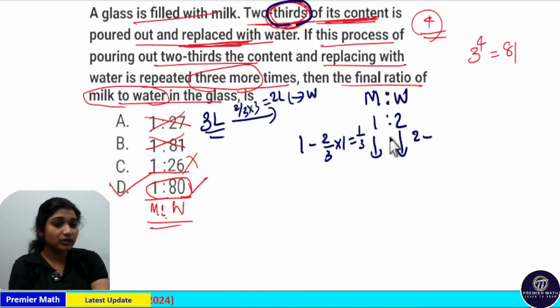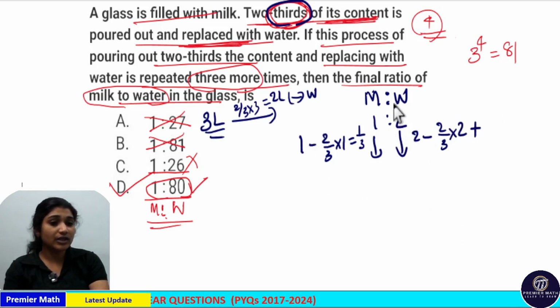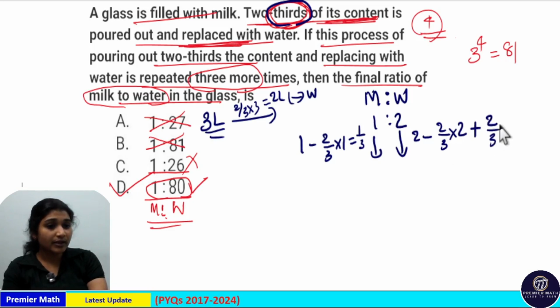So from this 2 liter, you are taking out 2 by third of 2 liter and you are replacing the total amount taken with water. So total amount taken is equal to 2 by third of total part 3. So 2 by third of 3 is the total amount taken and you are replacing it with water. So this is the amount replaced.